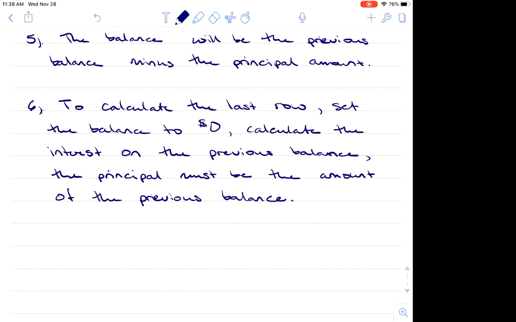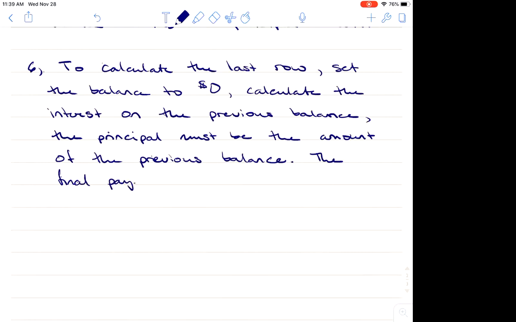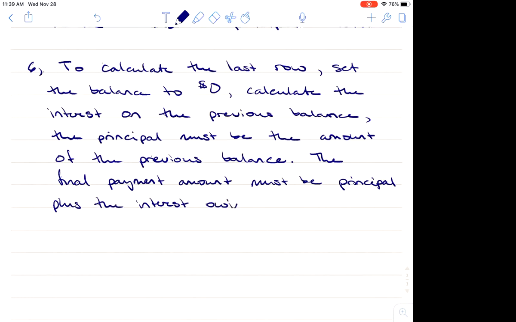Final payment amount must be the principal plus the interest owing. Cool.